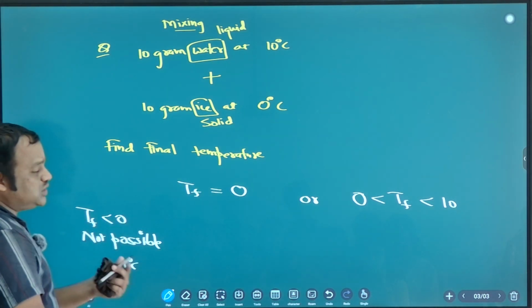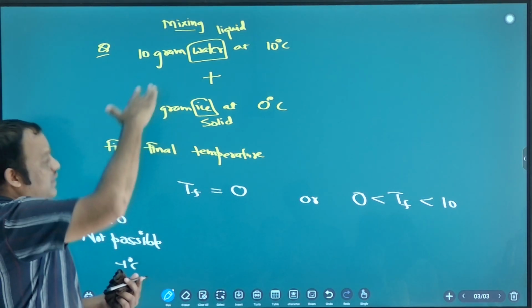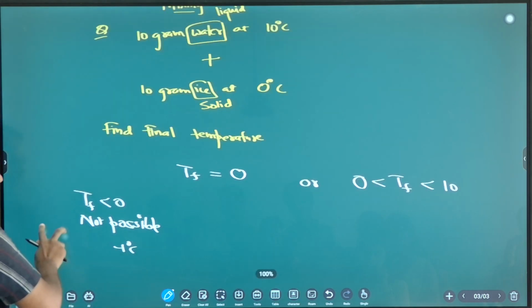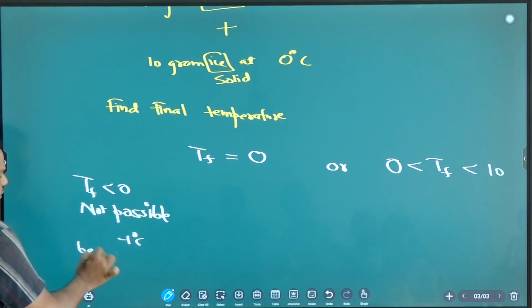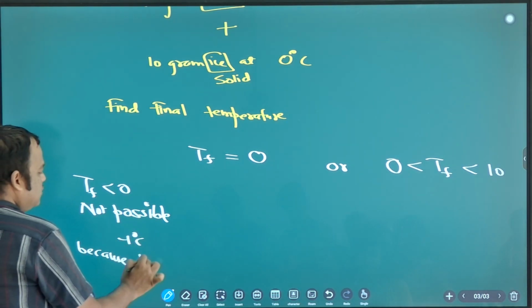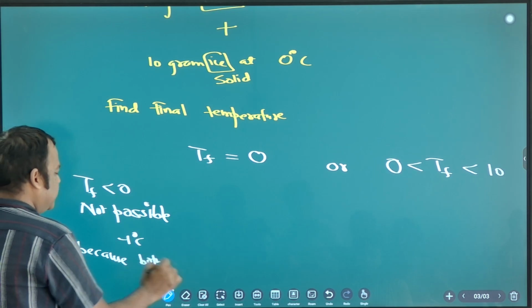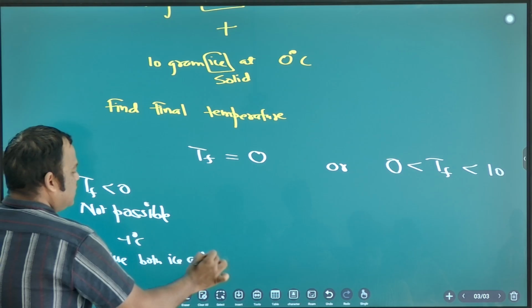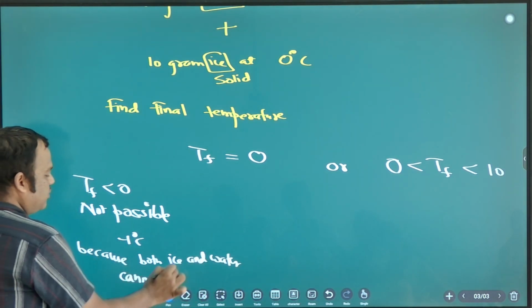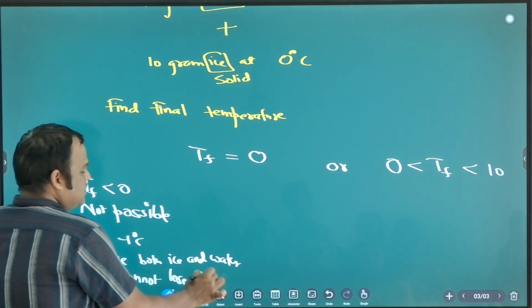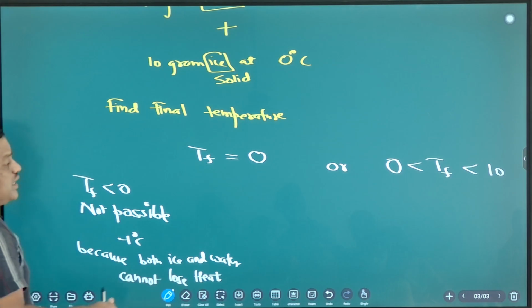One should lose heat, the other should gain heat. Both ice and water cannot lose heat. If one is losing heat, the other is gaining heat.